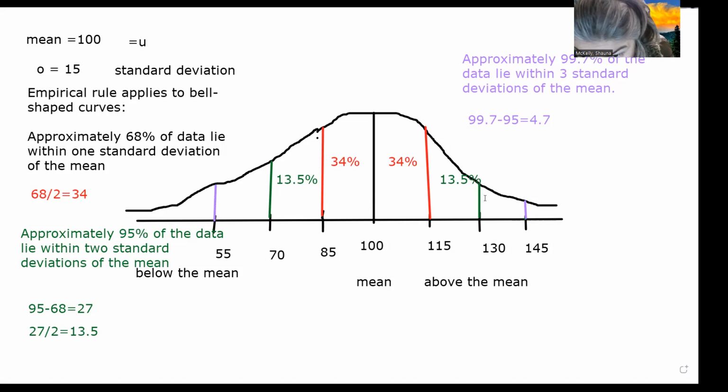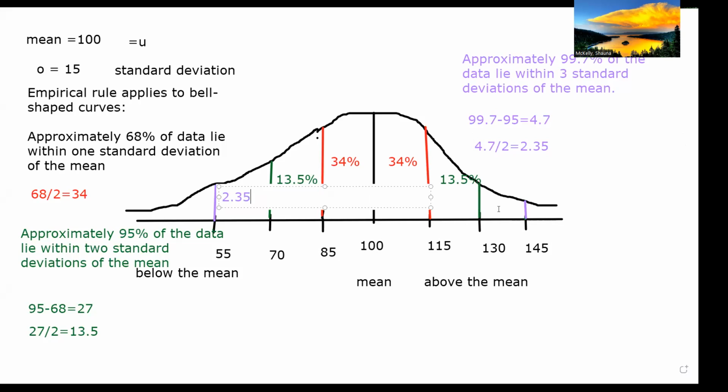Now I'm going to take that difference, and again, I've got it on both sides of my curve, so I'm going to take this 4.7 and divide that in half. 4.7 divided in half comes out to 2.35%. Okay, so in this case, this percentage here is going to be 2.35.